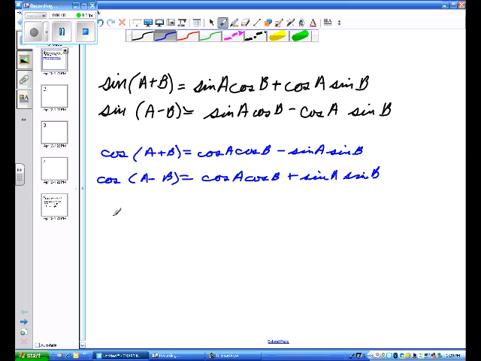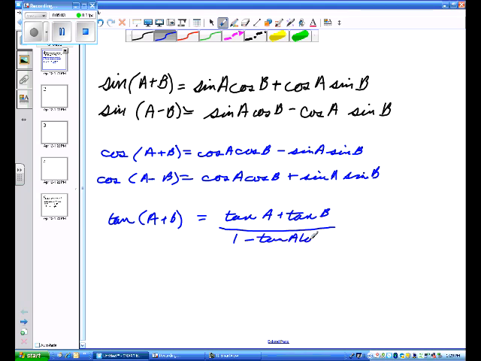And then let's look at tangent. The tangent of the sum of two angles. It's the tangent of the first plus the tangent of the second divided by 1 minus tangent of the first times the tangent of the second.